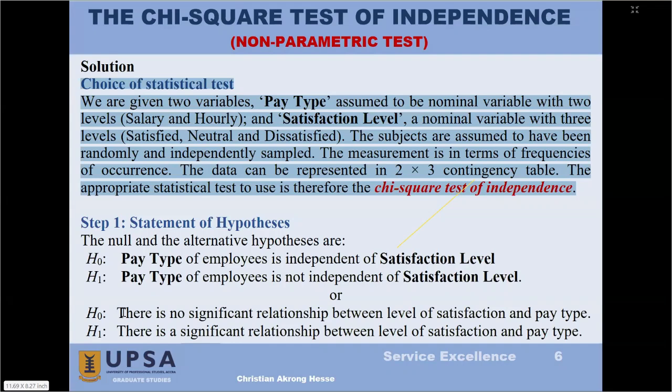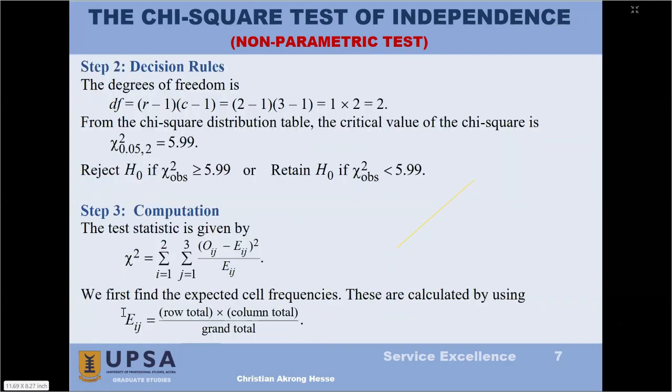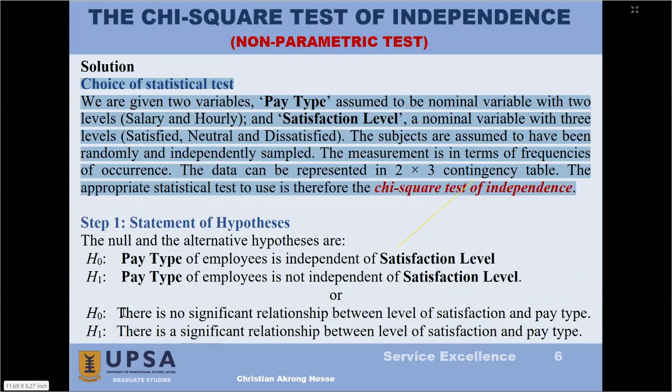And H1 says that there is a significant relationship, association or correlation between the level of satisfaction and pay type. So this is the null and the alternative hypothesis, and we are testing this at 0.05 level of significance.